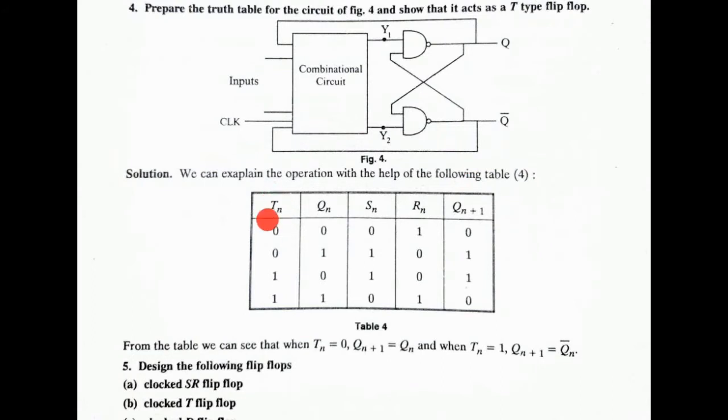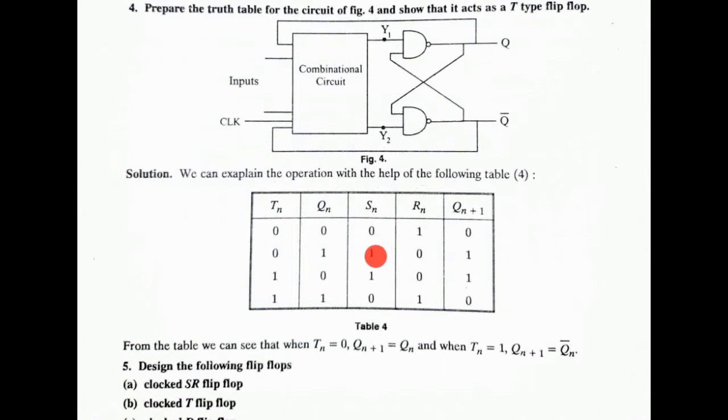T stands for toggle. Q is the present state and Qn plus 1 is the next state. Here we can use an SR flip-flop. When R is 1, it means reset, and the present state is 0 and toggle is 0, then the next state is 0.